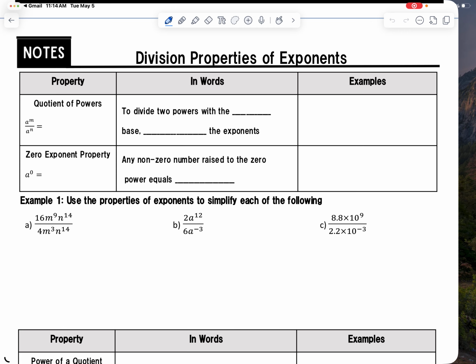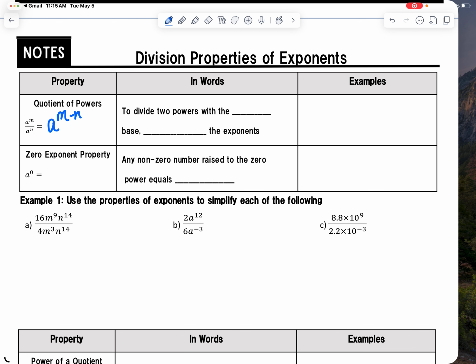So let's start with the quotient of powers. If you have a base a raised to the m power and you want to divide it by the base a raised to the n power, you simply subtract the two exponents. So a to the m divided by a to the n equals a to the m minus n.